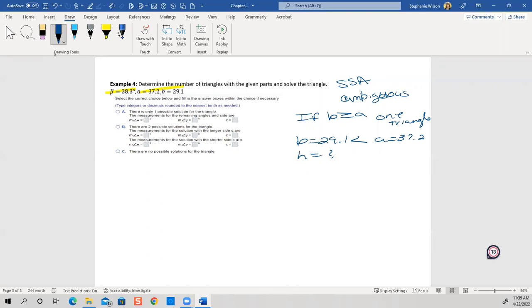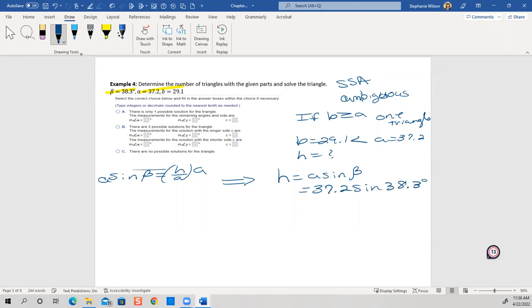Using the formula, sine of beta is equal to the height over A. Now let's solve for the height by multiplying both sides by the denominator of A. So now I got h is equal to A sine beta. Let's plug in what we know: 37.2 sine 38.3 degrees. Plug it in our calculator, round to the nearest tenth, and we get 23.1.